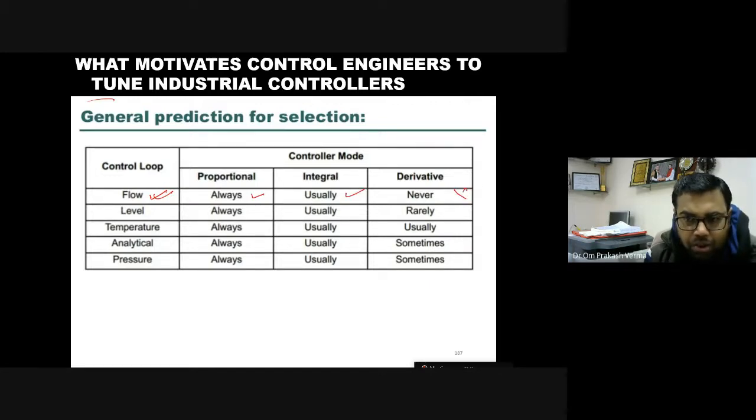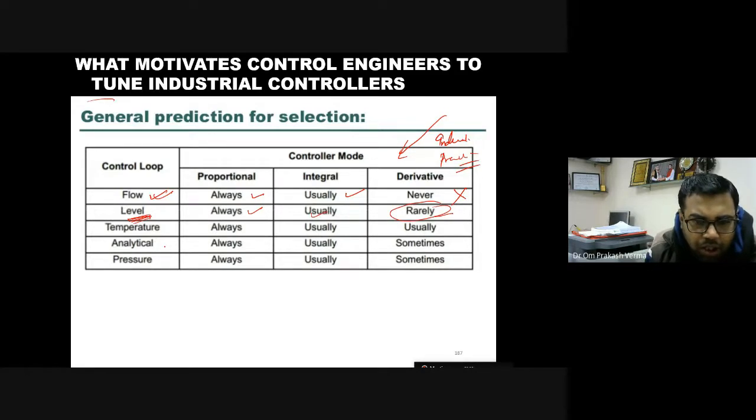However, the derivative controller is never used for the flow control. This is totally based on, you can say, the industrial practices. In order to level control, proportional control and integral control is used. However, the derivative control is rarely used.